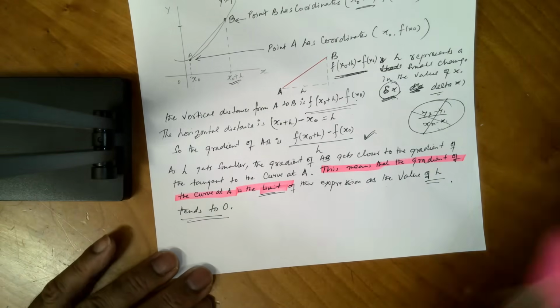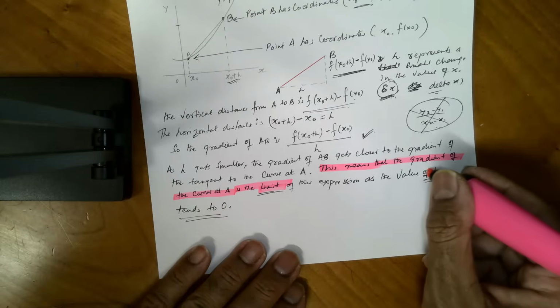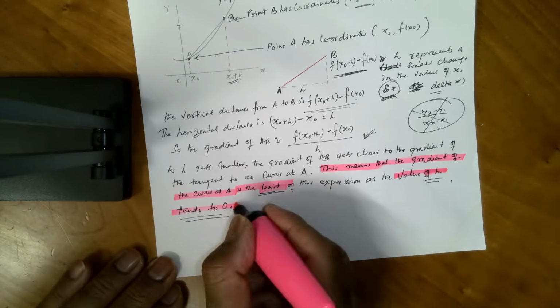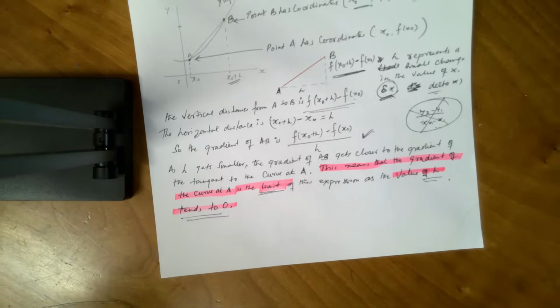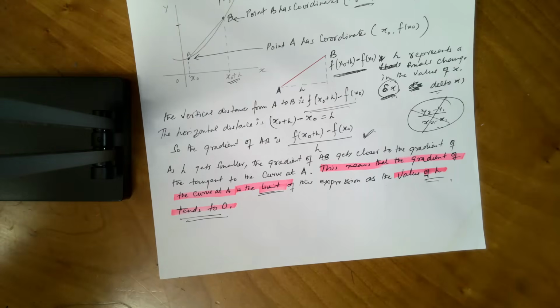Okay, sorry, I think I was missing something there. So, the gradient of the curve at A is the limit of this expression as the value of h tends to 0. So we can use this to define the gradient function.